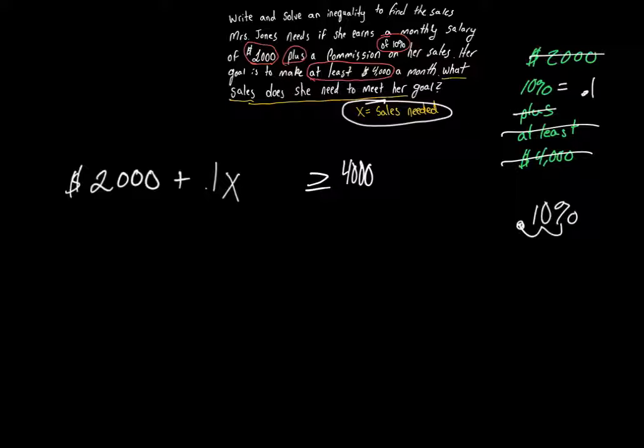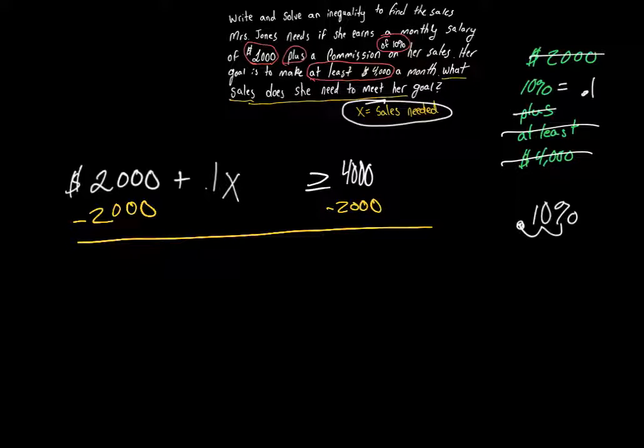When I go to solve this, I first have to subtract 2,000. That's the first step. And then I'm left with 0.1x is greater than or equal to 2,000. And then my second step in my multi-step inequality is to divide by 0.1 and to divide the right side by 0.1.